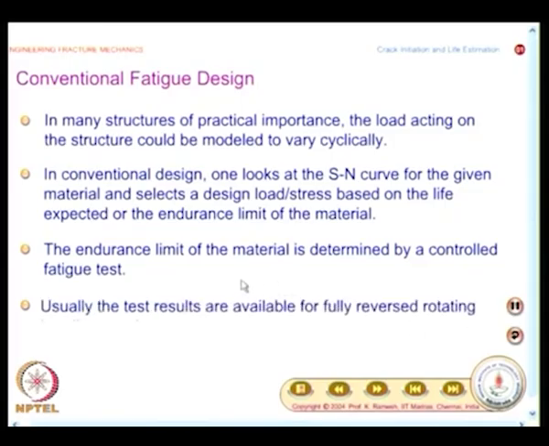And you will have to note that endurance limit of the material is determined by a controlled fatigue test, and usually the test results are available for fully reversed rotating bending specimen. If somebody gives you the SN curve, the default specimen configuration is fully reversed rotating bending specimen.